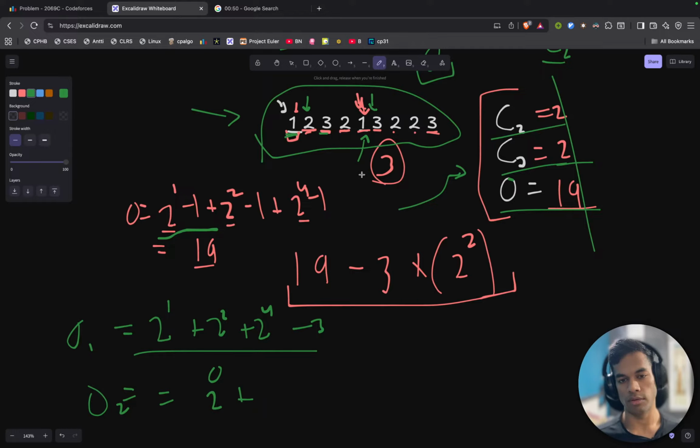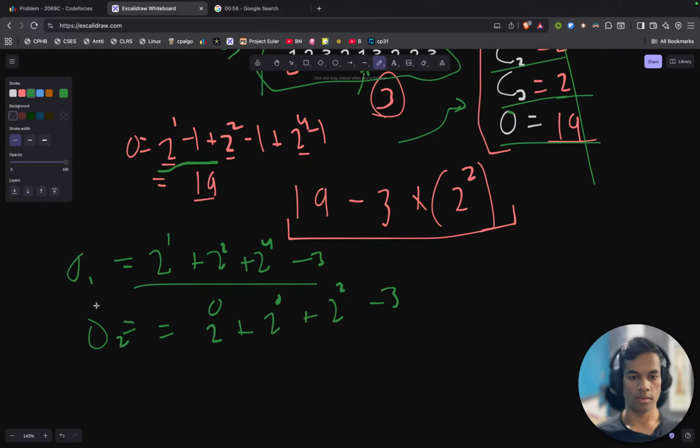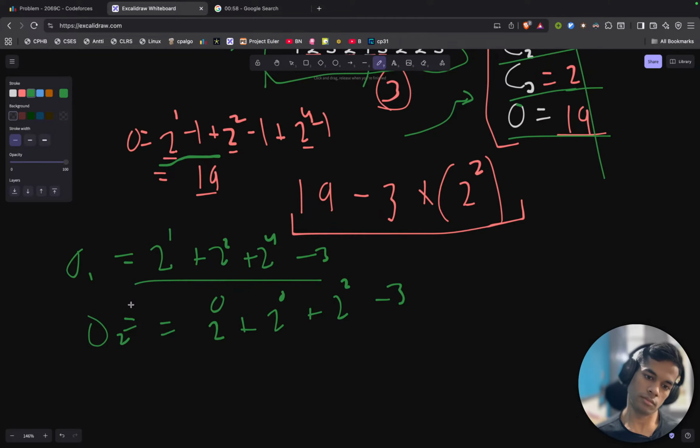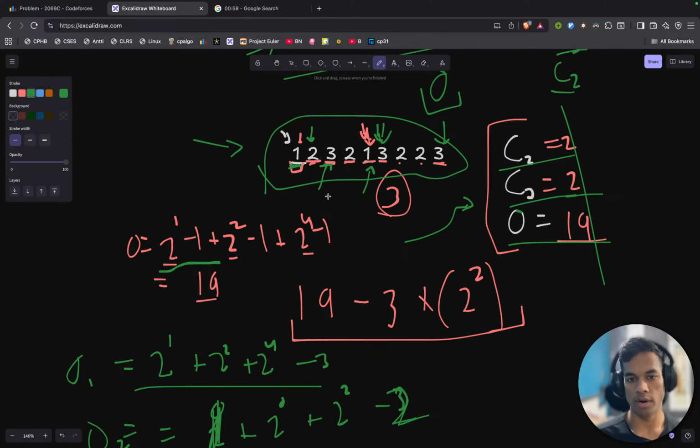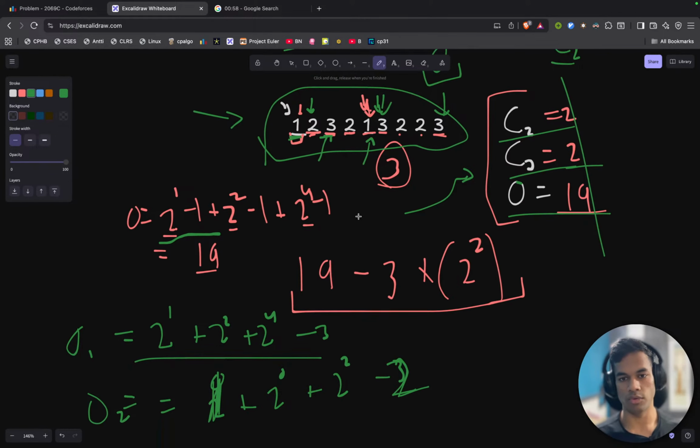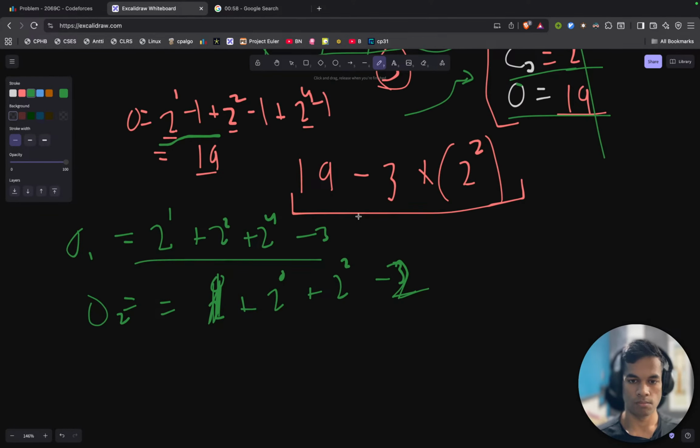For this 3 and this 3, 2 power 0 plus 2 power 2 and minus 3. This should be the right thing because this 3 is gone. We don't have anything to do with it. So this was the original equation. This is the now current equation.